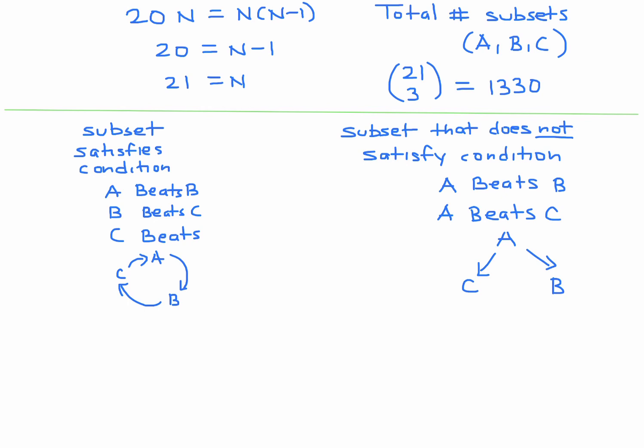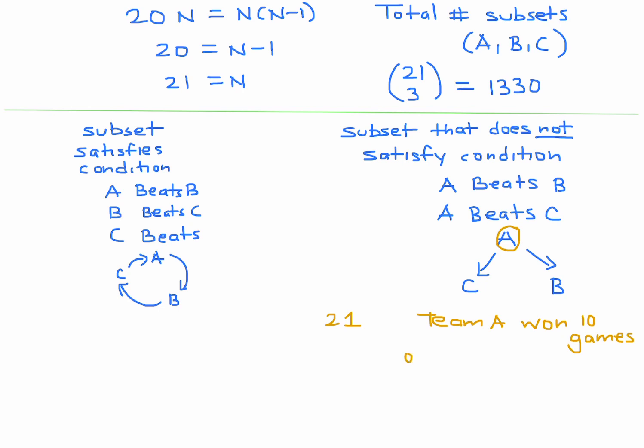So how do we figure out this calculation? There's 21 teams in total, so for that first team, A, I have 21 choices. Let's say I choose a team, call it Team A. If you remember, each team wins 10 games, so it won 10 games.